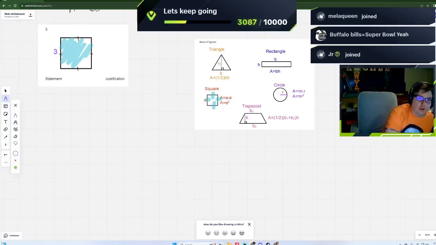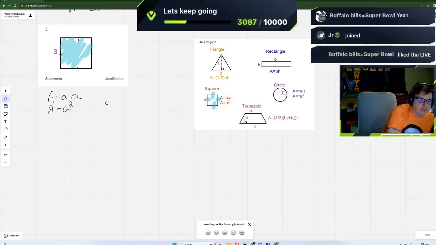And just like the rectangle where we did base times height, we're actually going to do A times A, which is the side length times the height times the base, whatever you want to call it. But because they're all the same length, you get this idea of A squared.